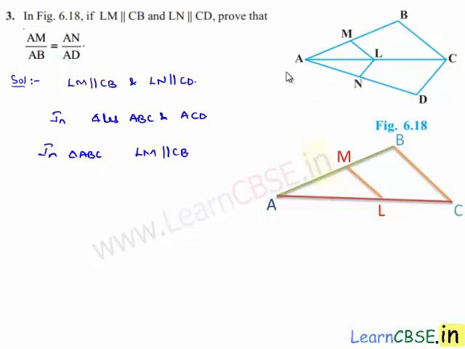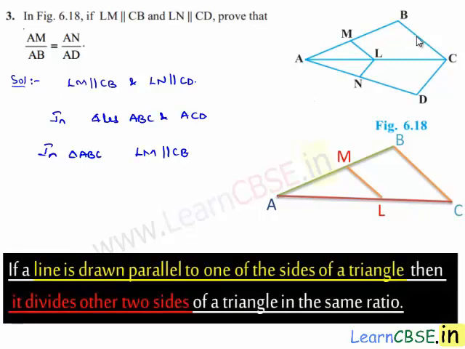So from here we can say that if a line is parallel to one side of the triangle, then it divides the other two sides of the triangle in equal proportion, from the basic proportionality theorem. So on applying this, we get AM by MB is equal to AL by LC.